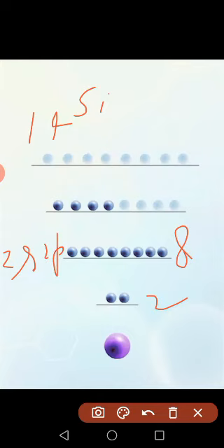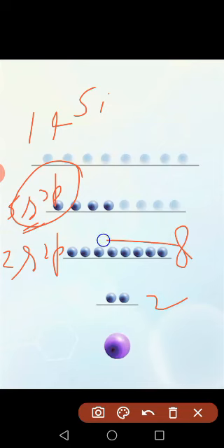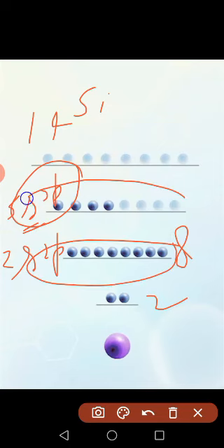This is how we are representing the various energy levels, and this is 3s and 3p combined. And that's what we call sp3 hybridization. These are completely filled, and these are partially filled.